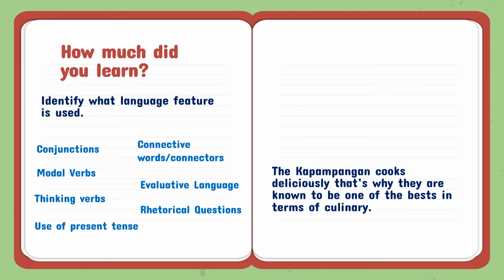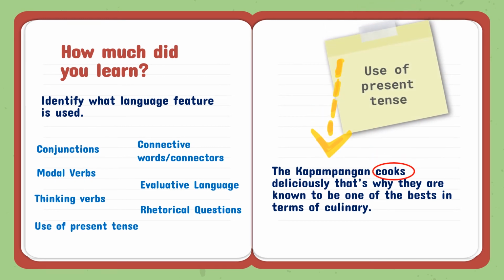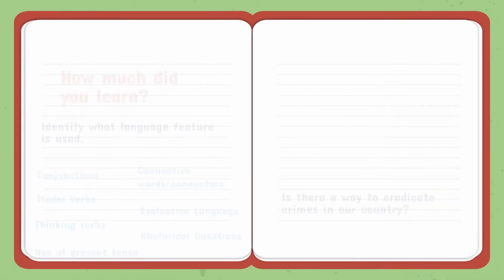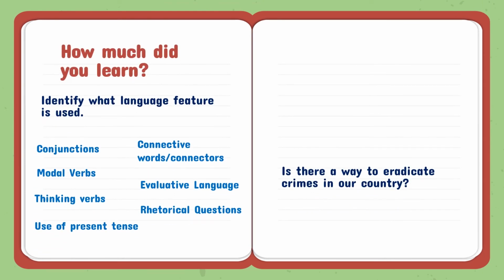The Kapampangan cooks deliciously. That's why they are known to be one of the best in terms of culinary. Yes, in here we have the verb in its present tense. Is there a way to eradicate crimes in our country?